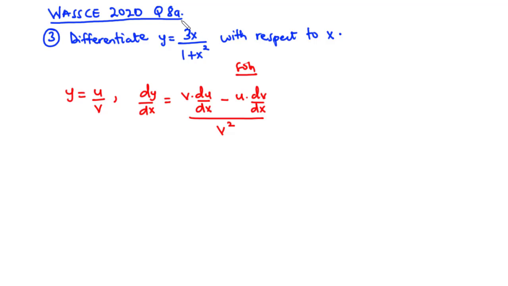So because this function is in the form of y equals u over v, then we are going to use the quotient rule. Now if we have y equals 3x over 1 plus x squared, then we say that let u be 3x and then let v be 1 plus x squared. So let's find du dx and then dv dx.